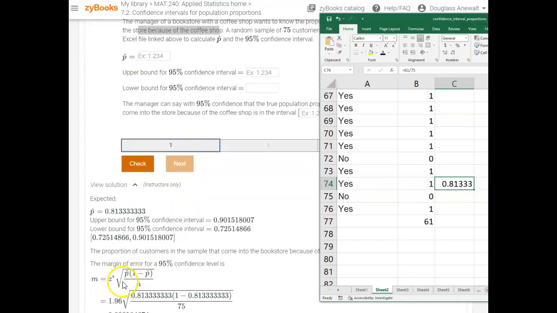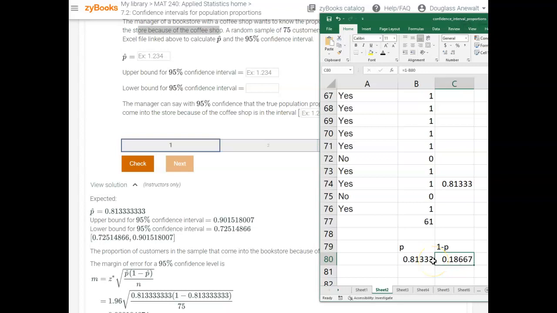So again, that formula we saw earlier in the video, we need to take that sample proportion, and again, I'm going to break it up here. What was it? 61 out of 75. So our sample proportion is 61 out of 75, and I want 1 minus that for 1 minus p.